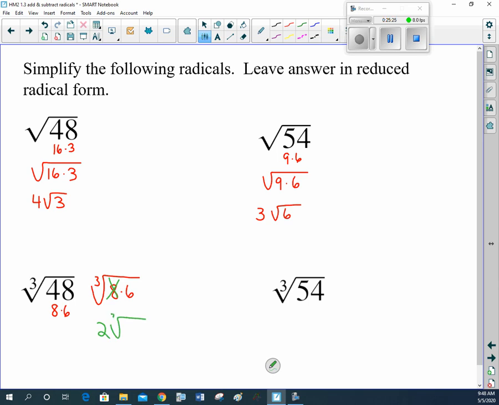So you end up with 2 cubed root of 6. For the next one, I'm going to use 27 times 2. So we're going to have the cubed root of 27 times 2. What's the cubed root of 27? It's 3. So 3 cubed root of 2 is the final answer.